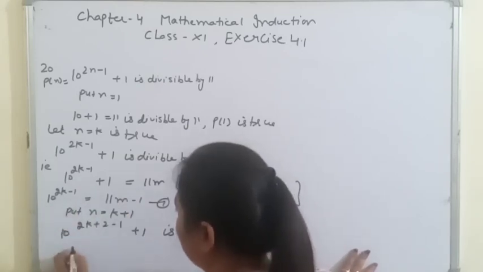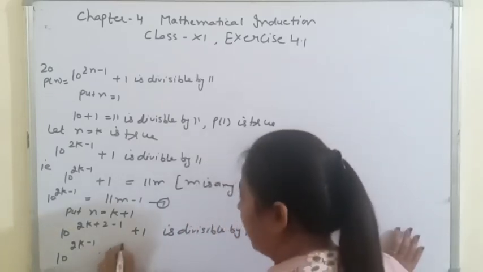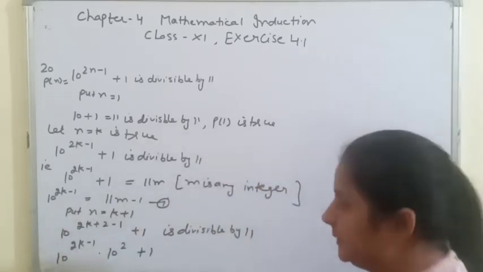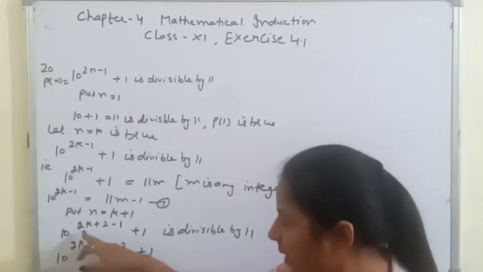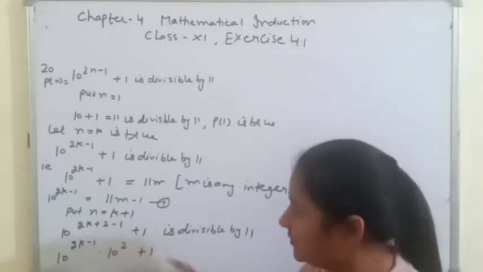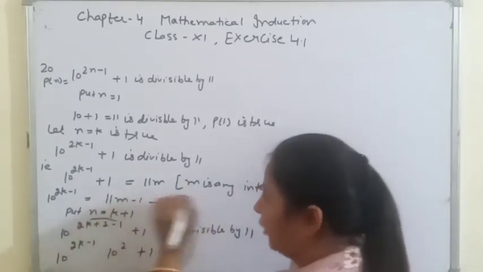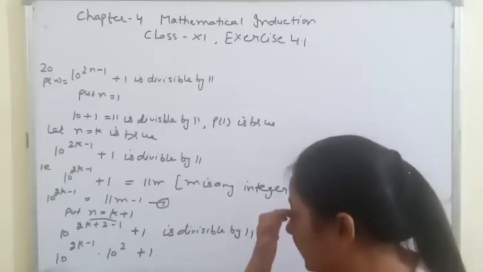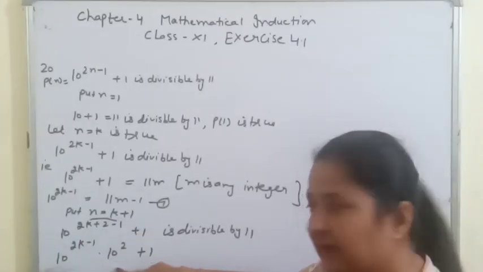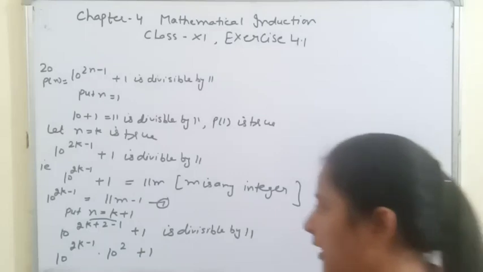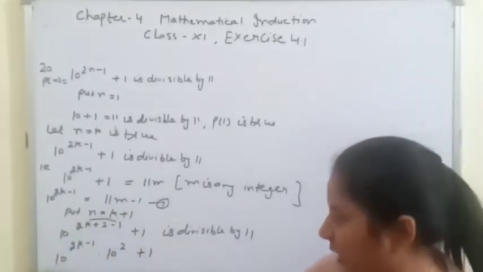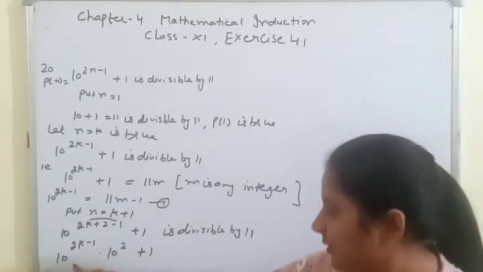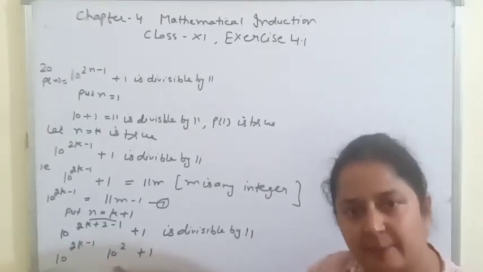So I will write it in the previous form, which is 10^(2k-1), and 10^2. Hope you can easily identify what I have done here. 10^(2k+2-1): I am not doing the subtraction, I am just writing the power according to the previous equation, the first 2k minus 1, and this 10^2 I am writing here because the bases are the same, so powers are added. I am just doing the separation of those powers.